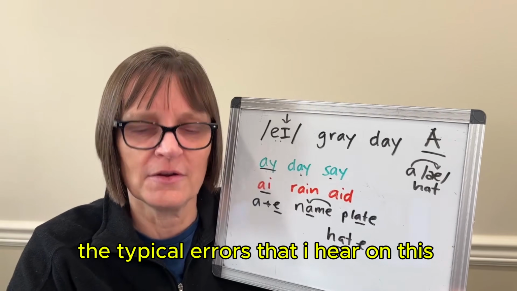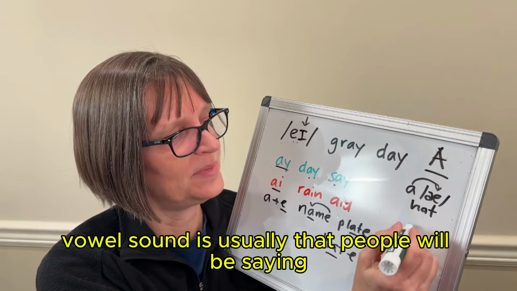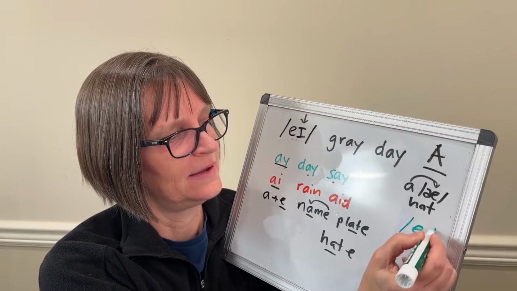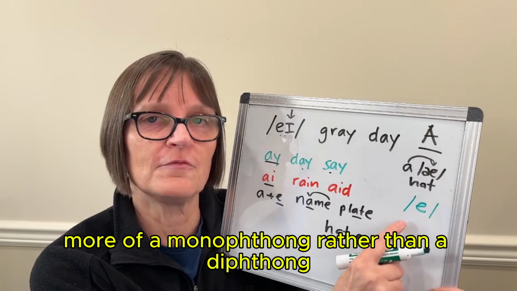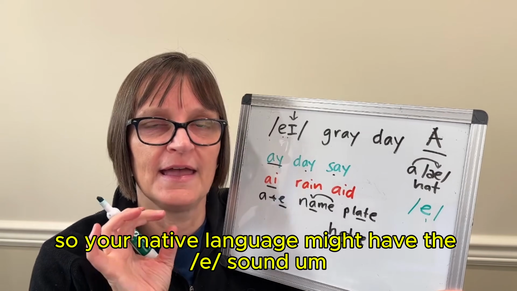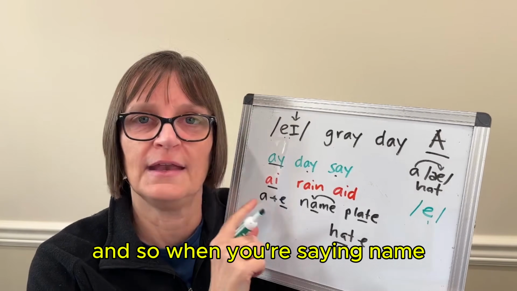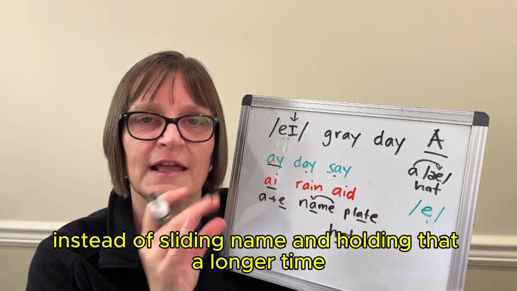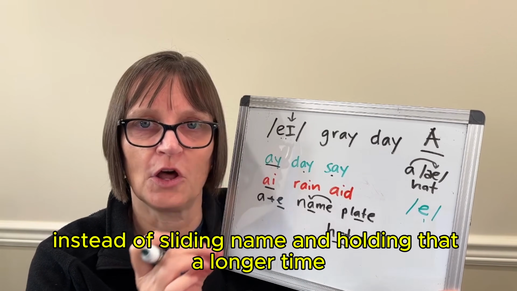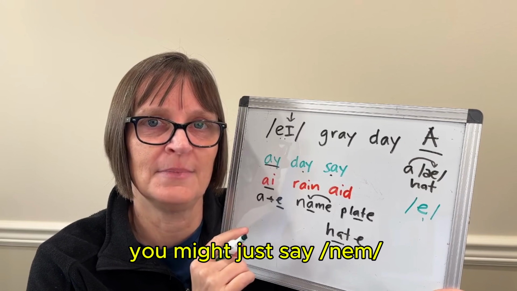The typical errors that I hear on this vowel sound is usually that people will be saying more of a monophthong rather than a diphthong. So your native language might have the monophthong sound. And so when you're saying name instead of sliding, name, and holding that a longer time, closing as you're saying it, you might just say nem.